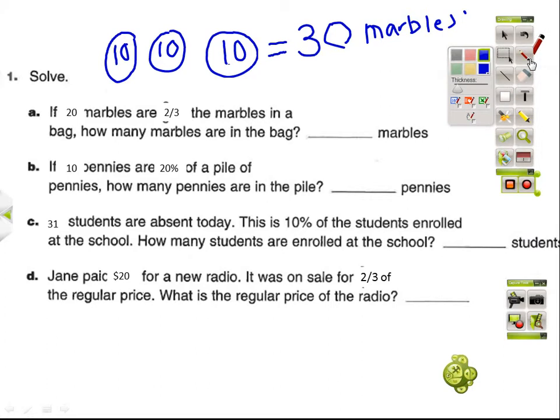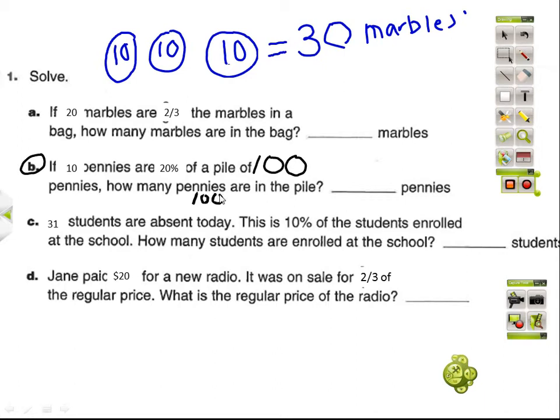So you're doing 1B, right? What did you do for 1B? I thought since 10 pennies are 20% of a pile of pennies, I knew that one whole would be 100. It doesn't really matter which one you do.